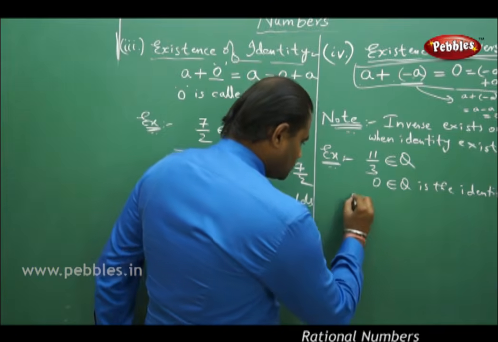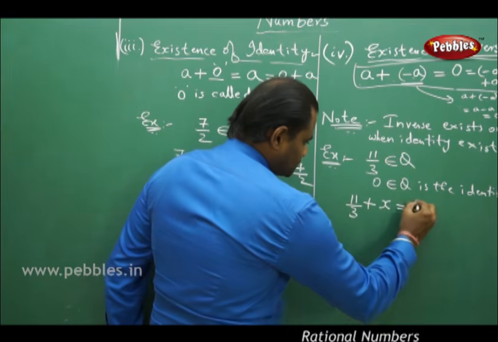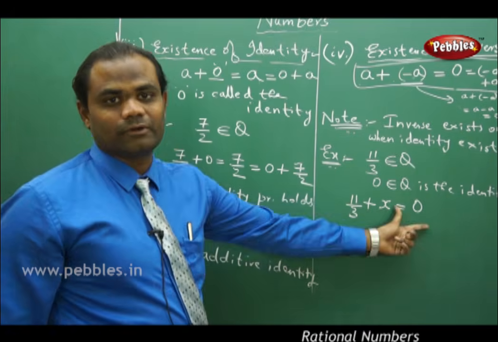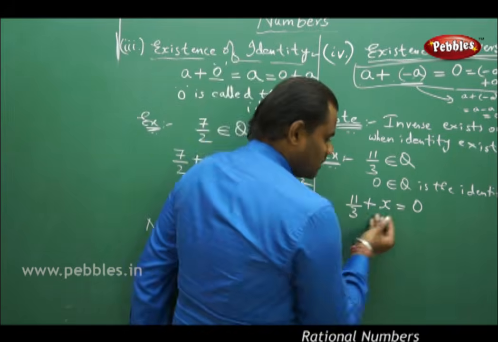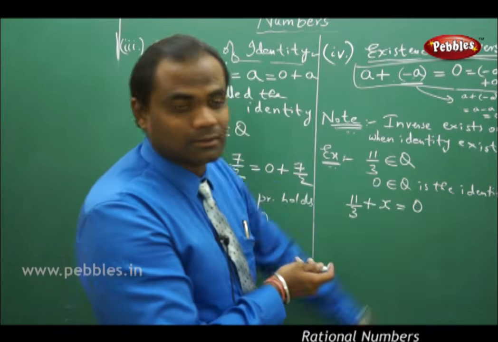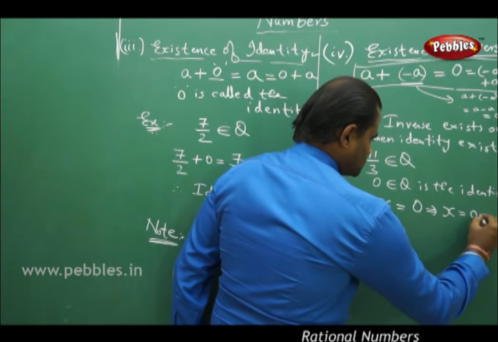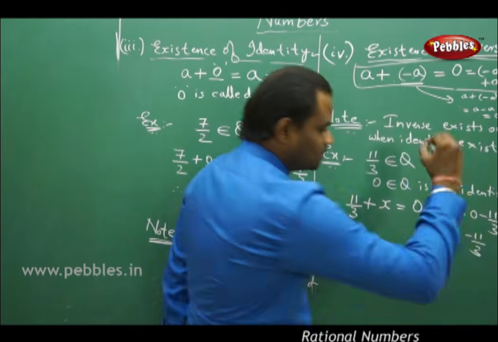So 11/3 plus something should give me 0. I have to find that something which gives me 0 when 11/3 is added to that unknown. This is a mathematical equation which can be solved by taking 11 by 3 to the right, giving x equals 0 minus 11 by 3, which is negative 11 over 3.